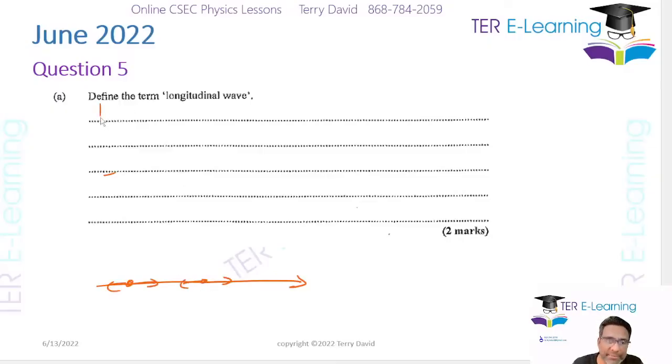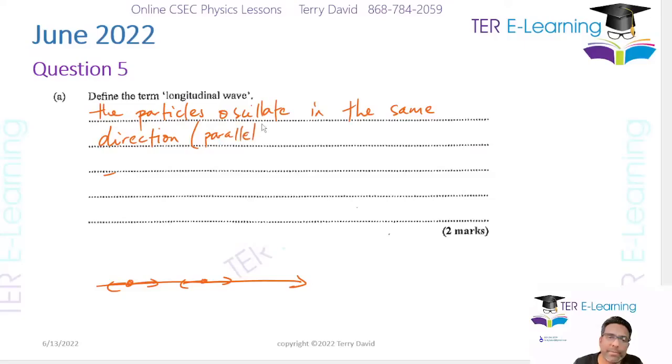So all we need to say here, the particles oscillate in the same direction, you could even use the word parallel, direction of travel of the wave. That's it. 2 marks just for stating what that is.